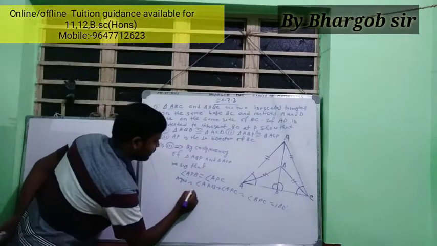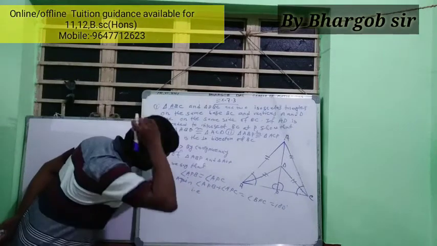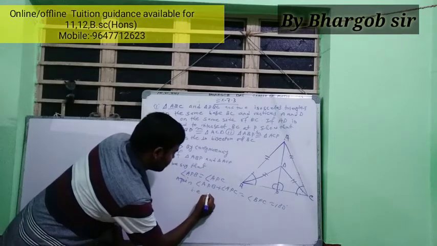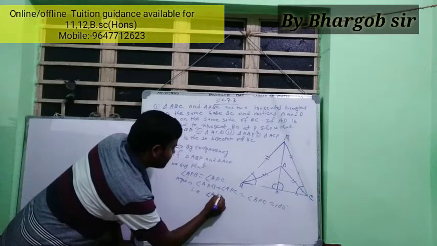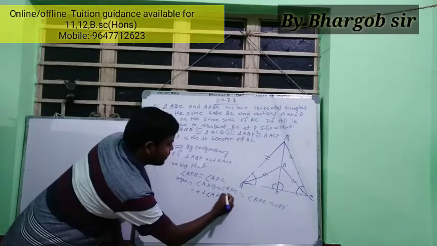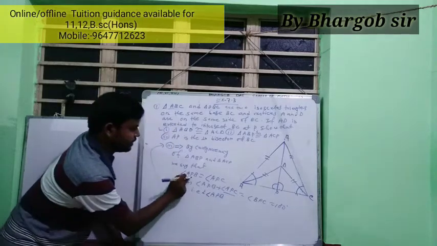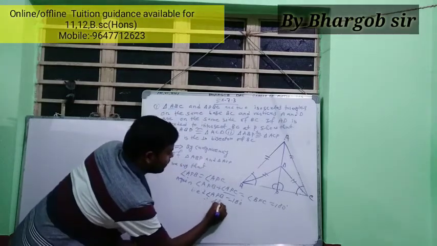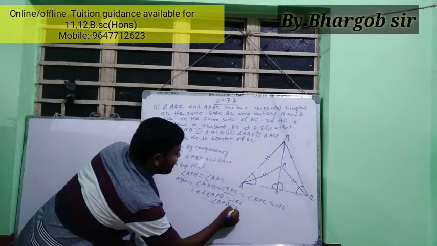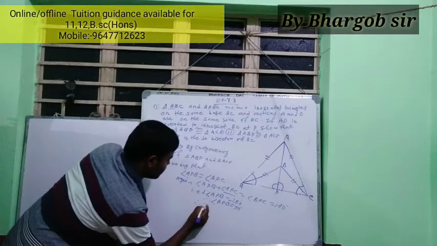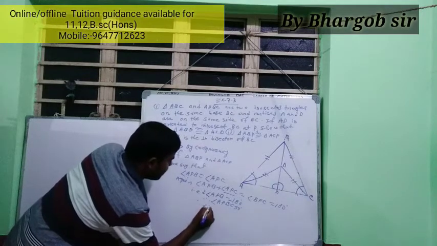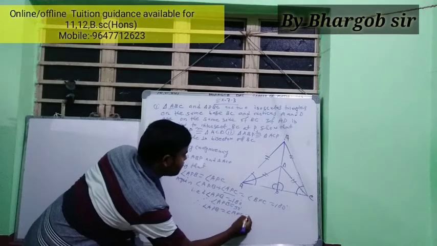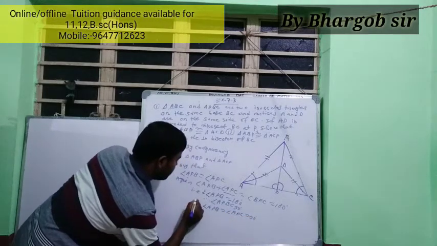Since this angle is the same, angle APB to APB, replacing this we write it equal to 180. So angle APB equal to 90 degrees. Therefore angle APB equal to angle APC equal to 90.